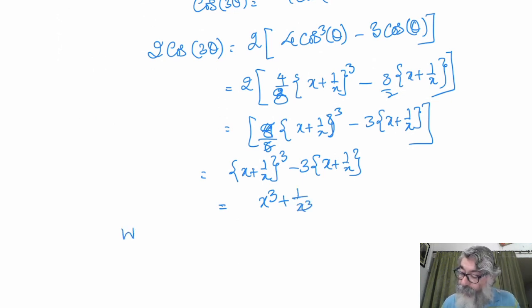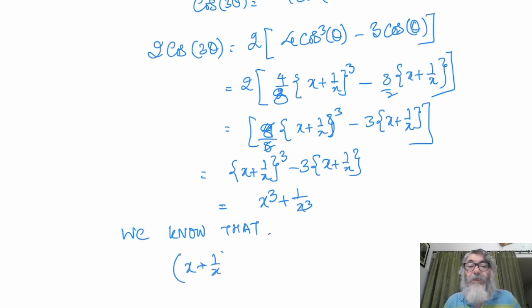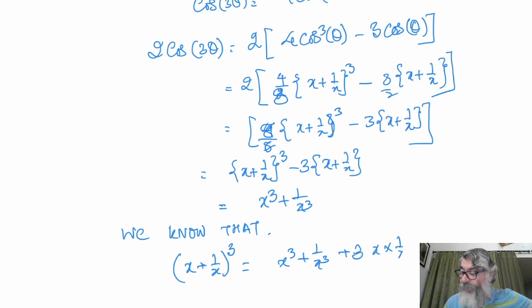We know that x plus 1 upon x whole cube. If I want to calculate a plus b whole cube, it is a cube plus b cube plus 3 into a into b into a plus b. This is how we calculate the cube.